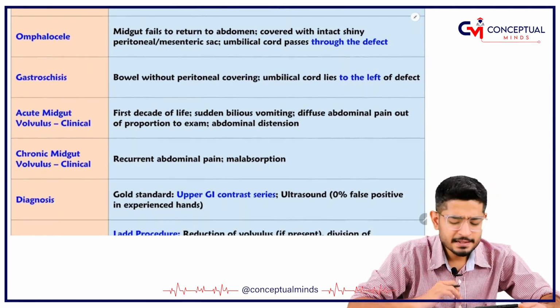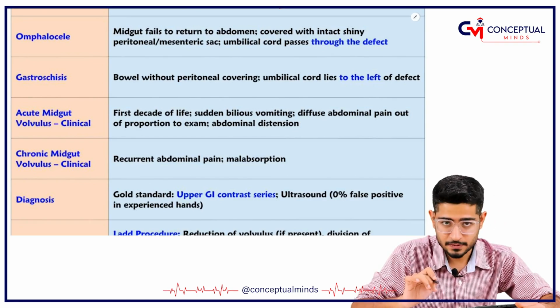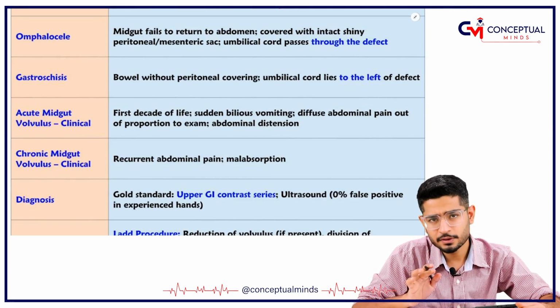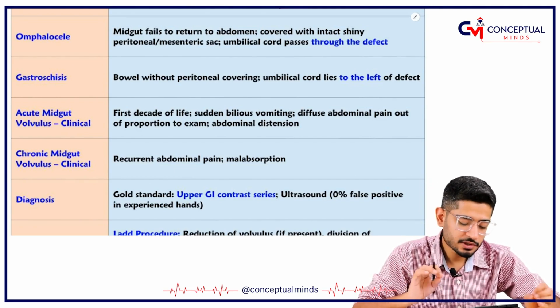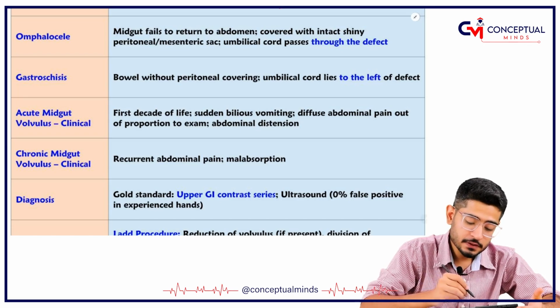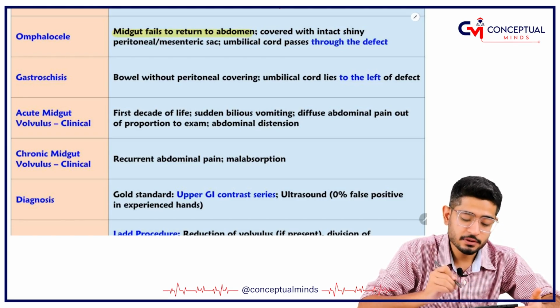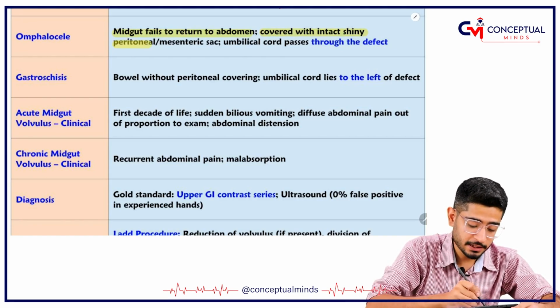Now, some other defects can also occur, like omphalocele and gastroschisis. We have already discussed omphalocele and gastroschisis in the abdominal examination, but just to give you a quick review: in omphalocele, the midgut fails to return into the abdominal cavity, but it is covered with a shiny peritoneum.